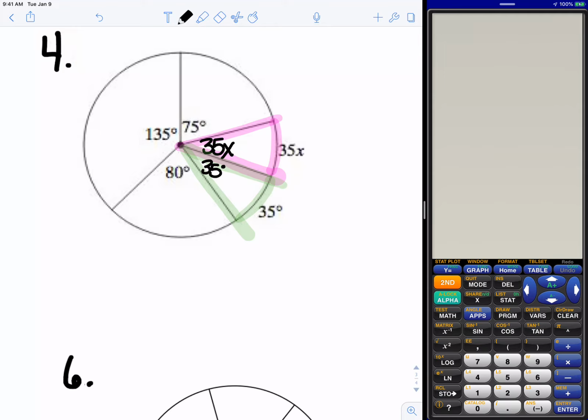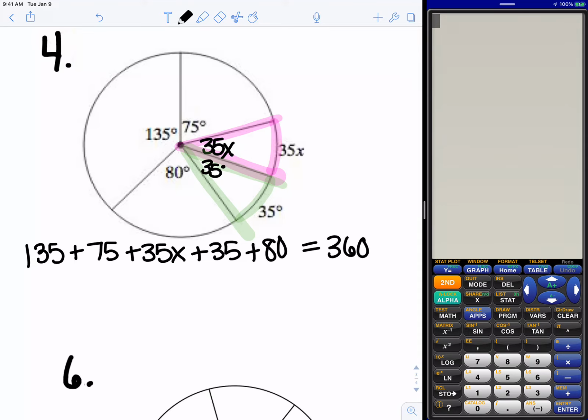Now you'll notice that I have a representation for every angle all the way around the circle. And that sum is 360. So if I add 135 to 75 to 35x to 35 to 80, all of those added up together should add up to 360 degrees. All right, let me put my like terms together.